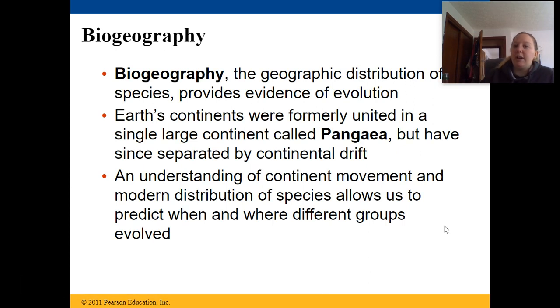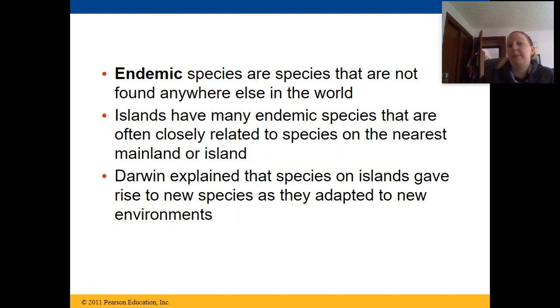Biogeography is the geographic distribution of species around the world and can provide evidence of evolution. Earth's continents were formerly united in a large supercontinent. We all know this, Pangaea, but have since separated by continental drift. An understanding of continental movement and modern distribution of species allows us to predict where and when different groups were able to evolve.